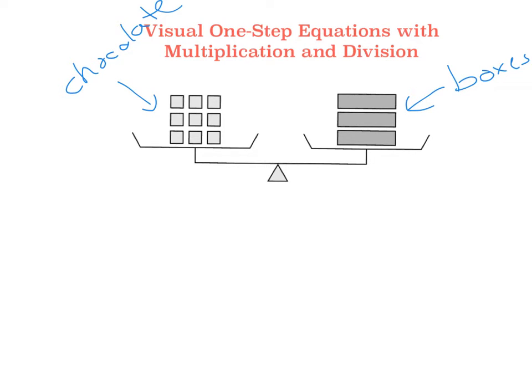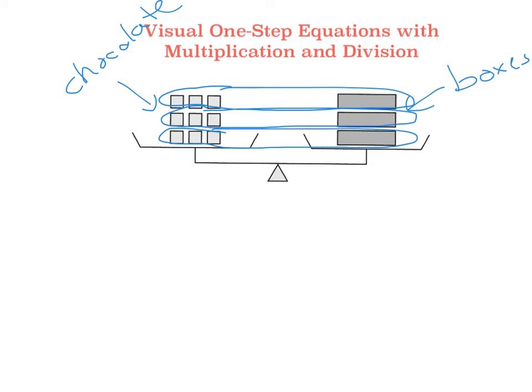So if I have 3 boxes and I have 9, that would mean I am dividing the chocolates into the 3 boxes. So there are 3 chocolates in each box. So this would look like 3b for 3 boxes equals 9 pieces of chocolate.